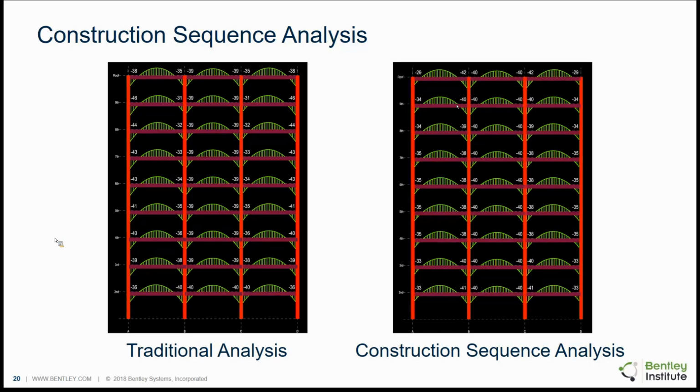Before I move on, I'm just thinking of the previous question, and it's interesting to note that when we do structural analysis, we base the stiffness of the structure on the concrete section properties, and historically we haven't taken into account the contribution of the reinforcing at all, and how it stiffens the structure in the analysis. And so that's an interesting question that affects not just construction sequence analysis, but all analysis that we do.